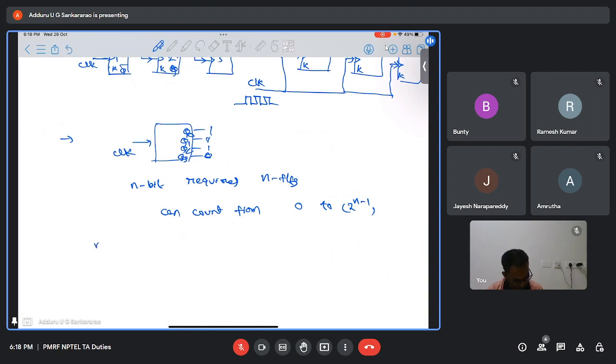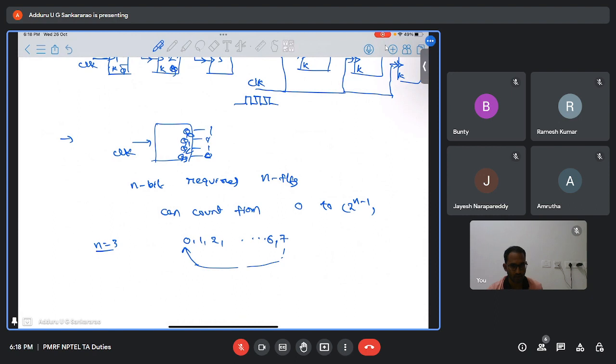Let us say if n equals 3, then it's a 3-bit counter. It can count 0, 1, 2 up to 7, then again go back to 0 like this.